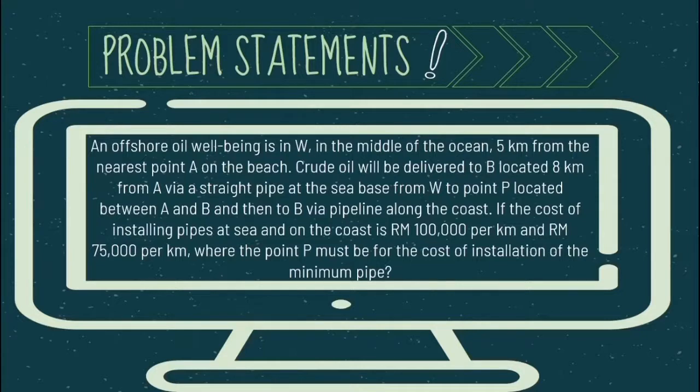If the cost of installing the pipe at sea and on the coast is Rm 100,000 per kilometer and Rm 75,000 per kilometer respectively, where must the point P be for the cost of installing the pipe to be minimum?